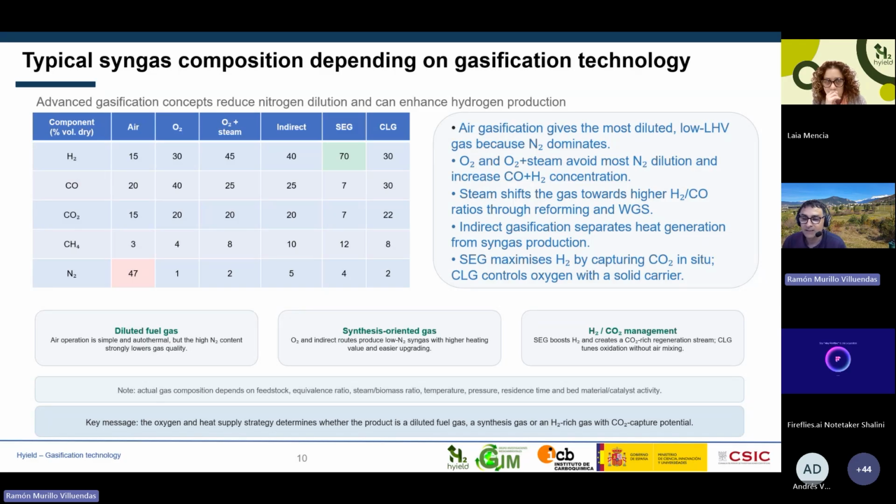Here, as we have seen, CO2 is captured in situ by calcium oxide in the gasifier, which shifts the equilibria towards hydrogen production. Finally, chemical looping gasification uses a solid oxygen carrier instead of direct air injection, and this allows partial oxidation and heat transfer without mixing air and syngas.